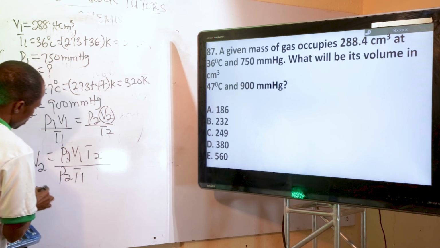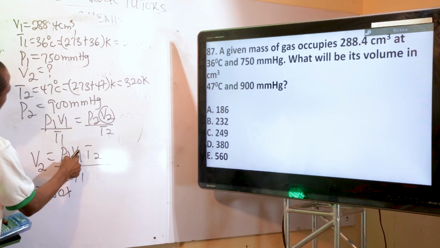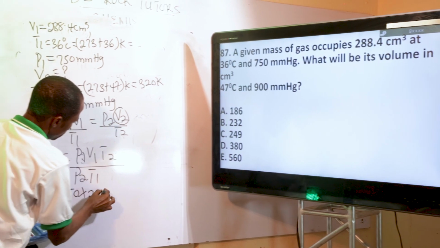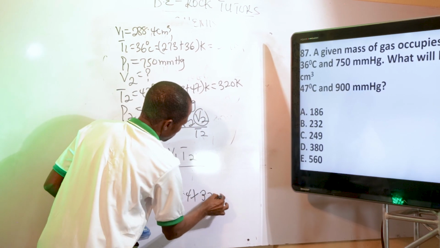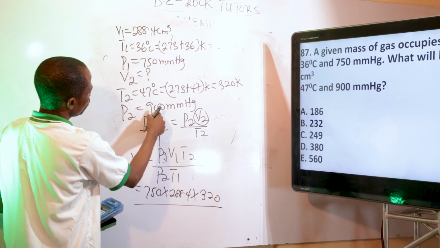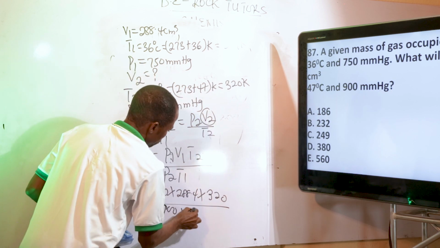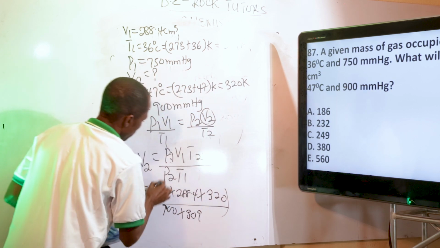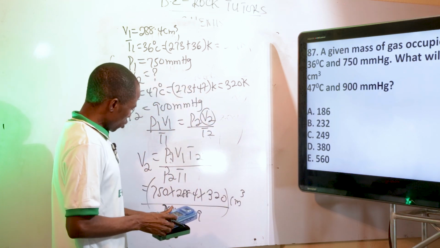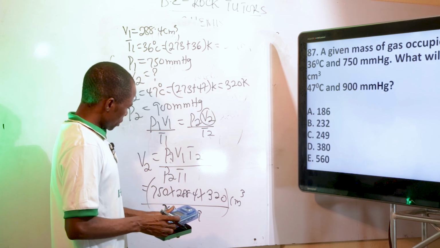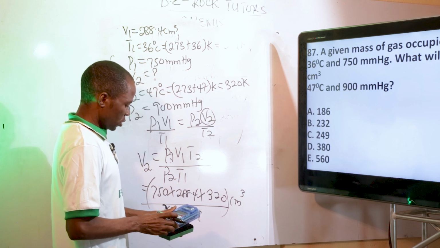So this will give us P1, which is 750, times V1, which is 288.4, times T2, T2 is 320, divided by P2, our P2 is 900, times T1, our T1 is 309. So everything is in cm³. If you multiply the numerator, it will give us 750 times 288.4 times 320.